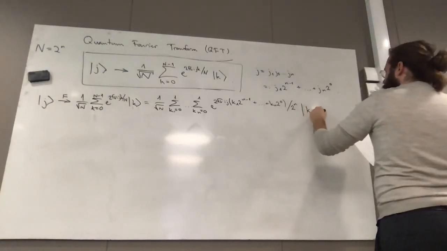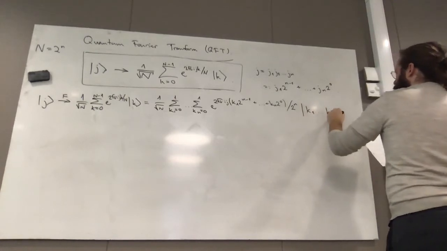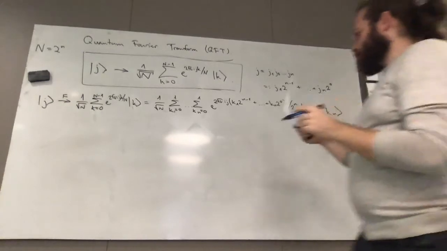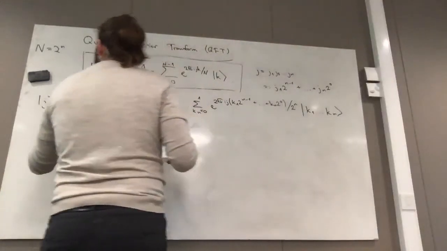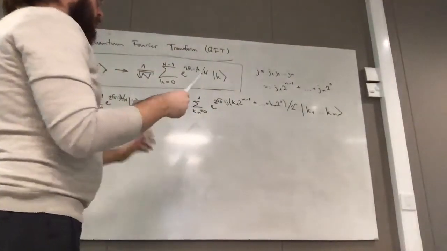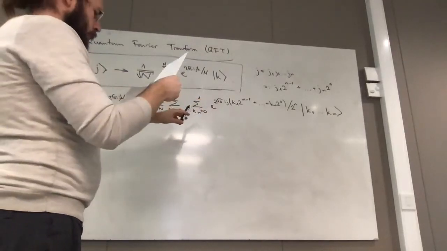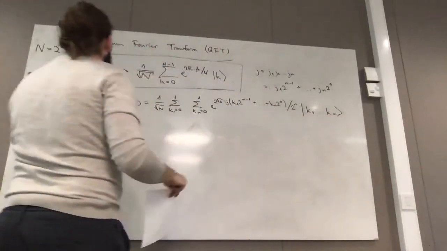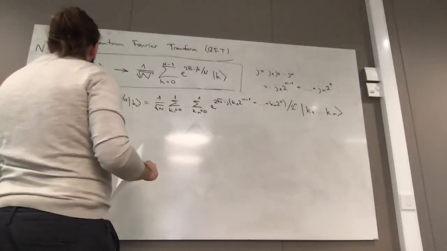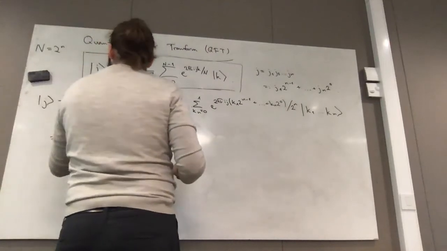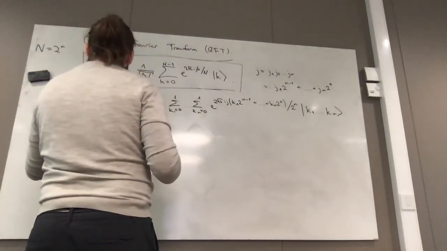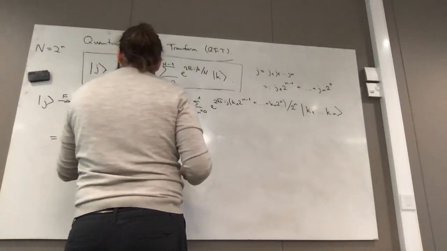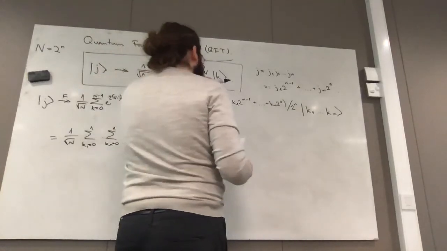And similarly, for the end state, we do a bitwise expansion. Okay, first thing we do is we split up this and this. So the start is the same, a bunch of sums, kn equals 0 to 1.